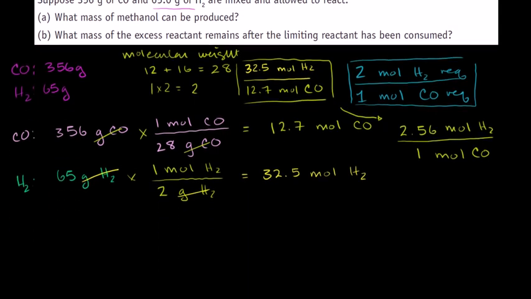So the excess reactant is the hydrogen. And the other one is going to be the limiting reactant. We don't have enough carbon monoxide to react all of the hydrogen, right? We only have 1 for every 2.56, but it should be a 1 to 2 ratio.